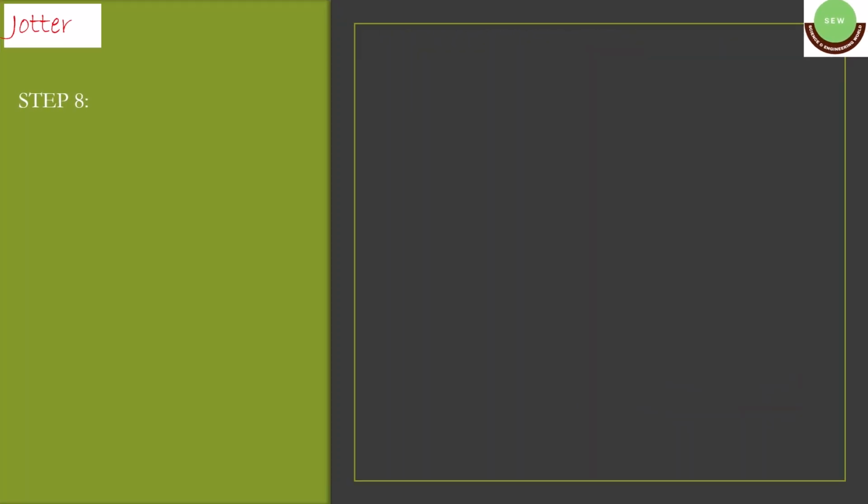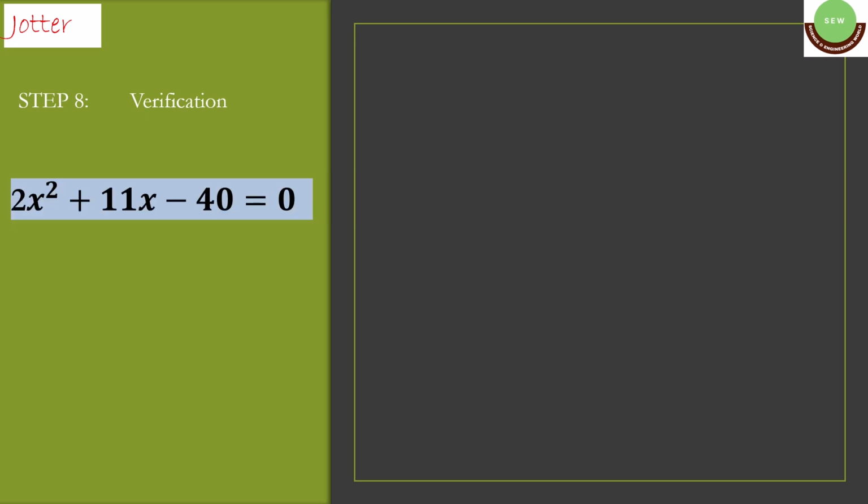In step 8, which is our final step, we verify if the two roots we have obtained above will satisfy the equation 2x squared plus 11x minus 40 equals 0.